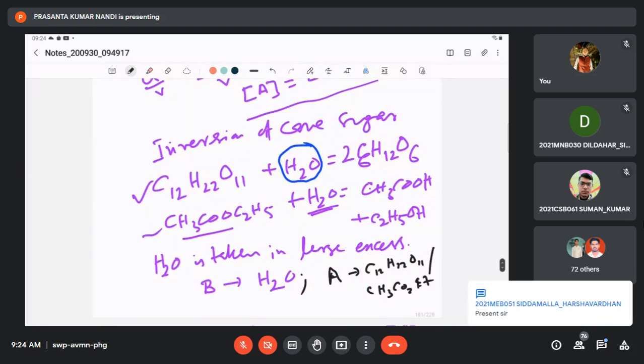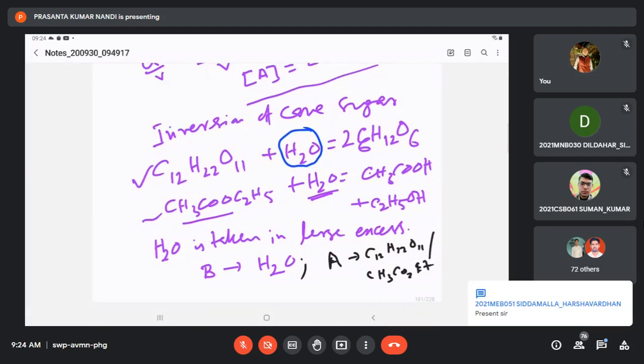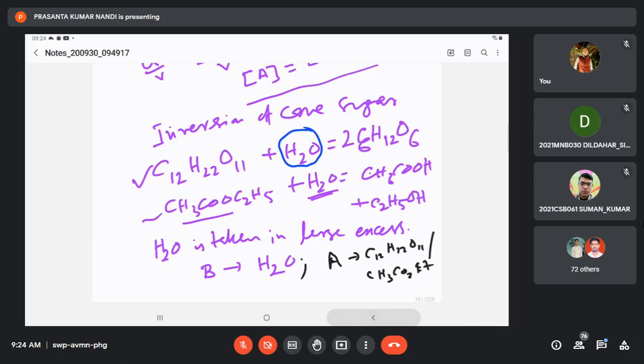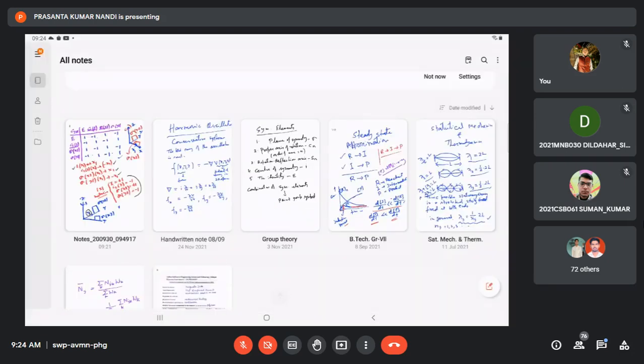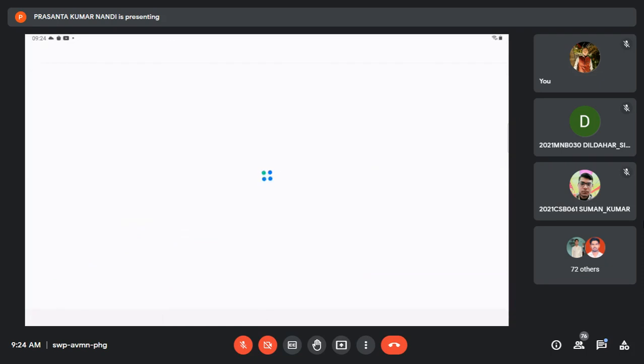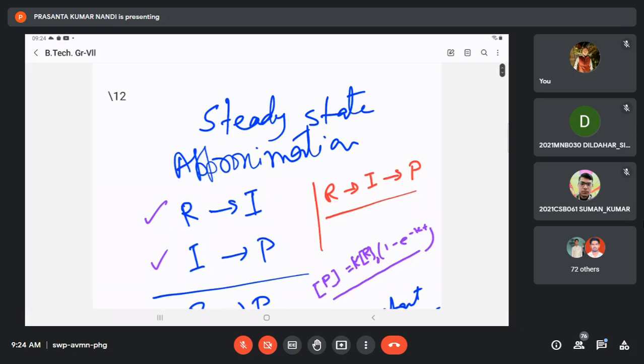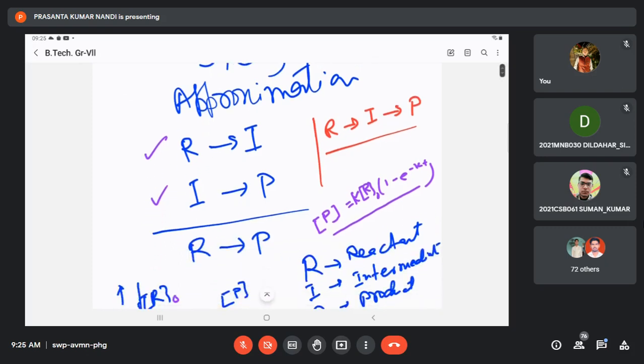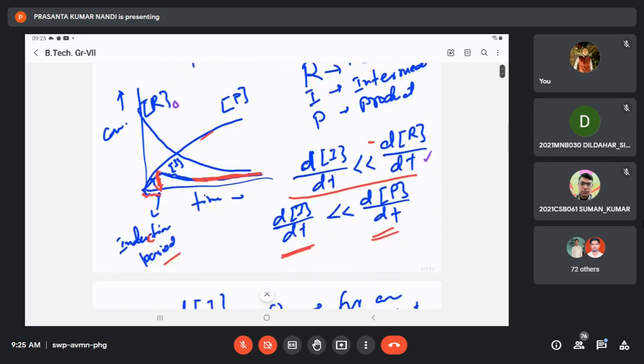Now next we'll discuss another interesting aspect, that is the reaction mechanism, how we can formulate the differential rate law based on some theoretical concept. One is the steady state approximation, which most of you are familiar with.